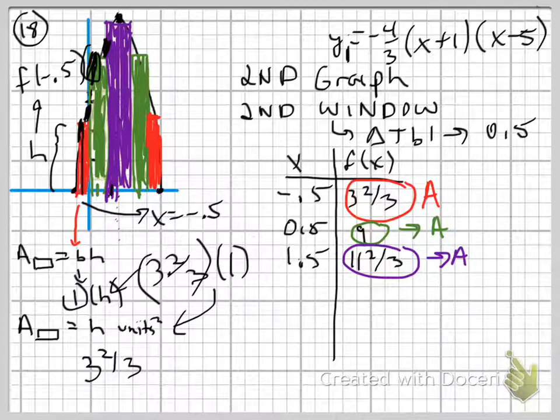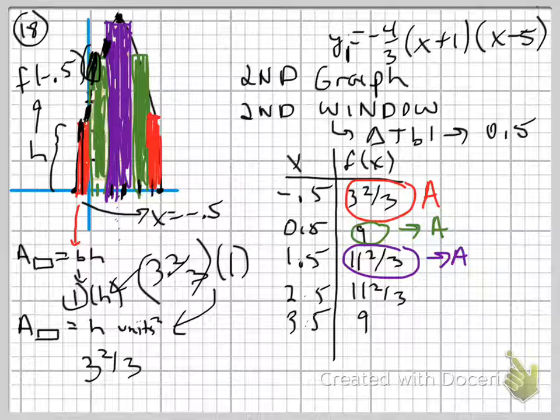If you look up the other values here, if you look at 2.5, 2.5 is the other purple one midpoint. That's right there. 2.5, you get 11 2/3. And if you look up 3.5, you get 9.